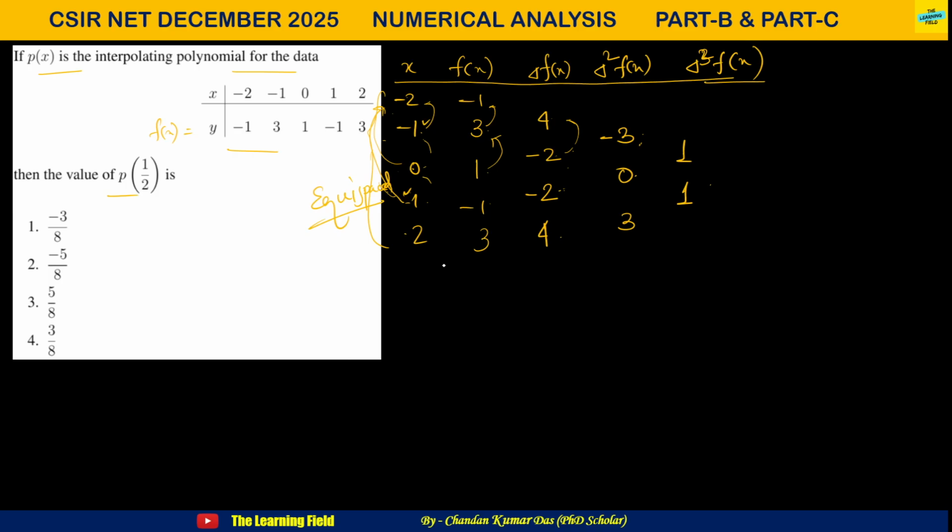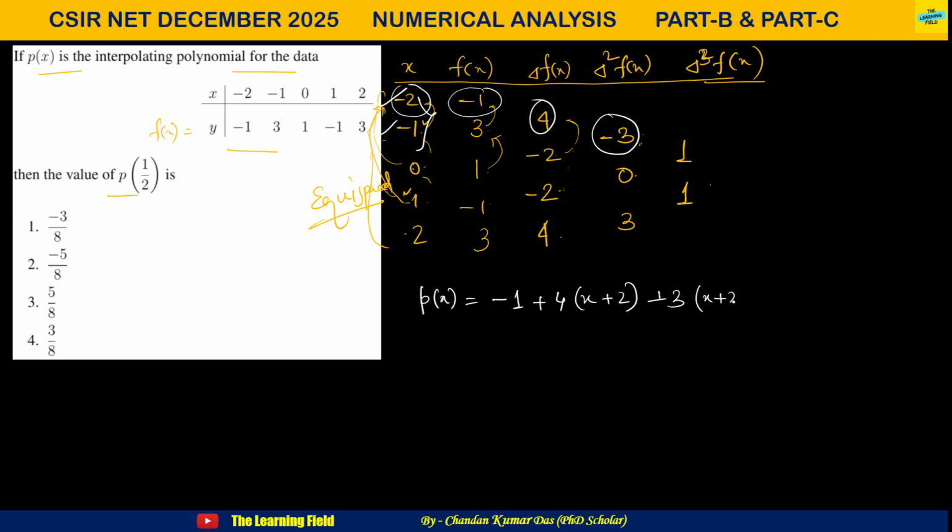Now how can we write the polynomial by using this table? We write the polynomial in the form P(x) is equal to, it starts from f(x), that is -1, this is the constant term, then plus 4 into (x minus -2), that is x plus 2, then -3 into (x plus 2)(x plus 1), these 2 points included, then plus 1 into (x plus 2)(x plus 1)(x minus 0), that is x.